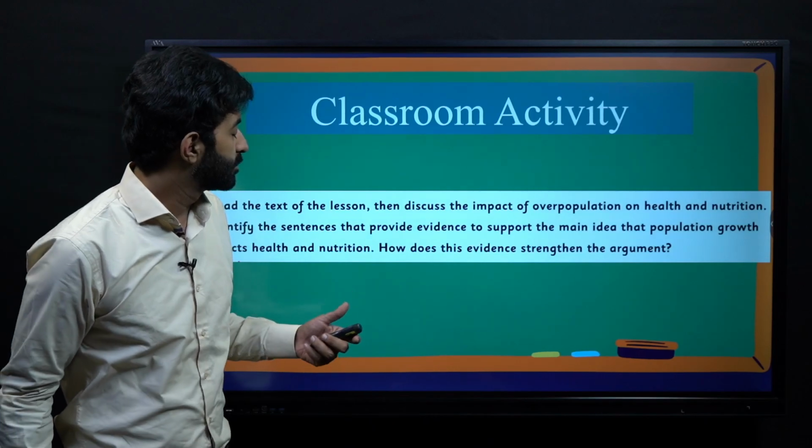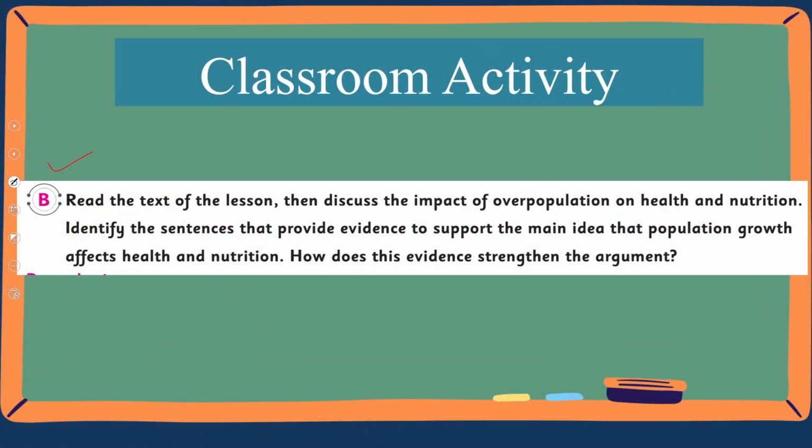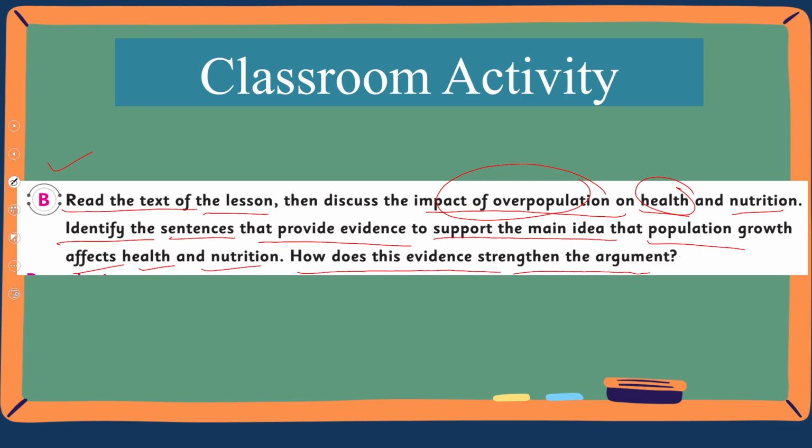Now, after this, we have another classroom activity: read the text of the lesson and discuss the impact of overpopulation on health and nutrition. Identify the sentences that provide evidence to support the main idea that population growth affects health and nutrition. How does this evidence strengthen the argument?